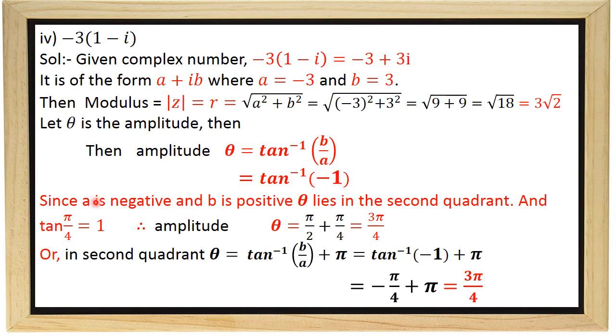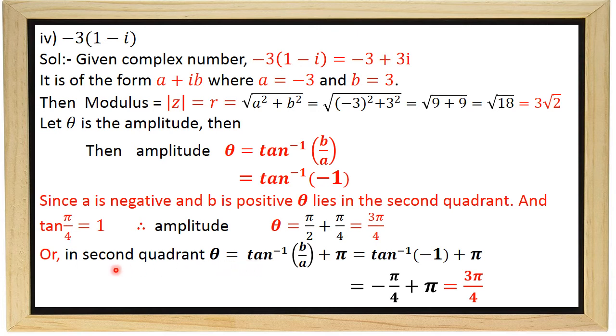In the second quadrant, theta is equal to tan inverse b upon a plus pi.